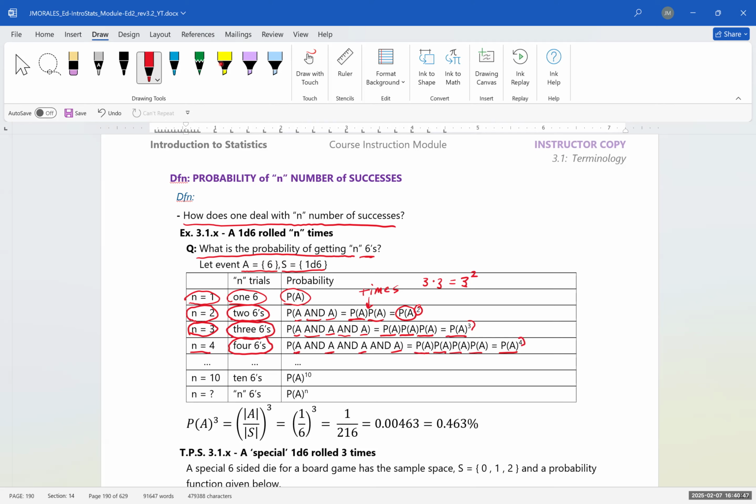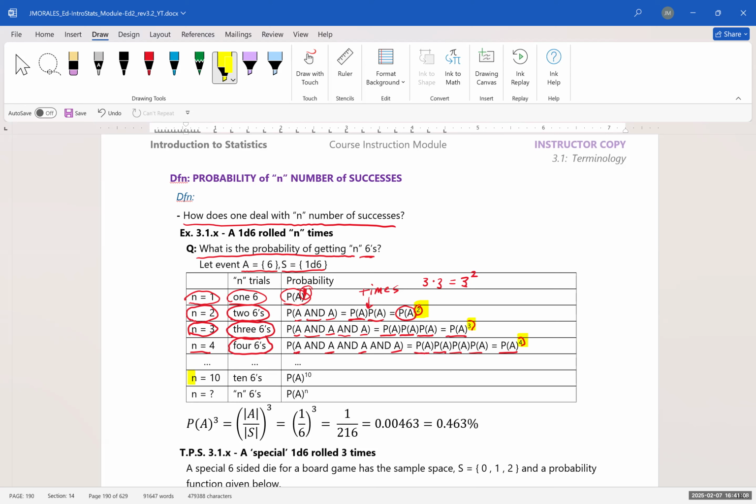So hopefully you're starting to see a pattern. When we calculated the probability of getting just one six, that was actually raised to the first power. The probability of getting two sixes was to the second power, three sixes, the third power, four sixes, the fourth power.